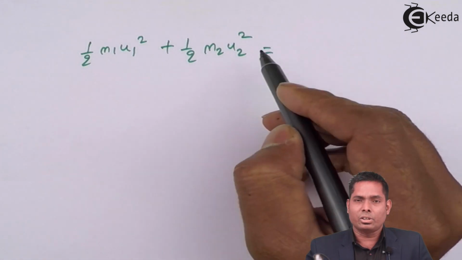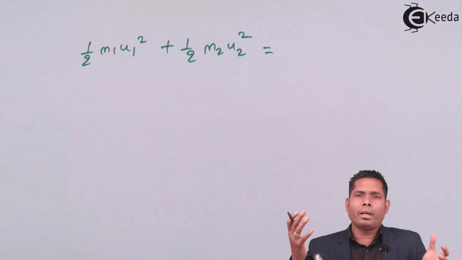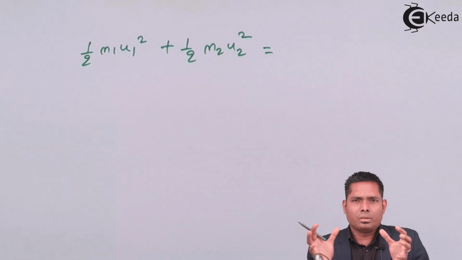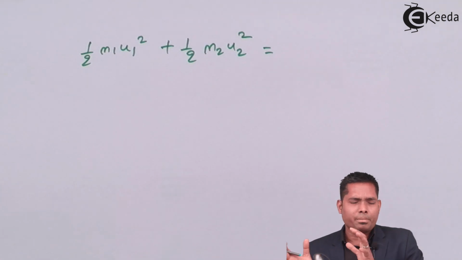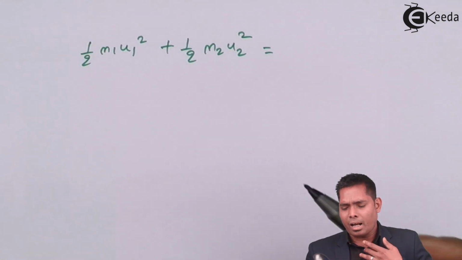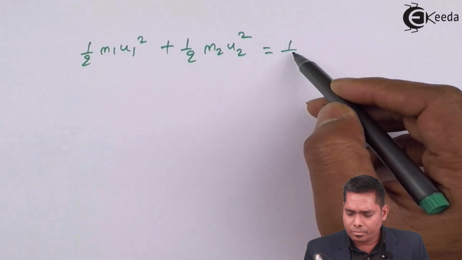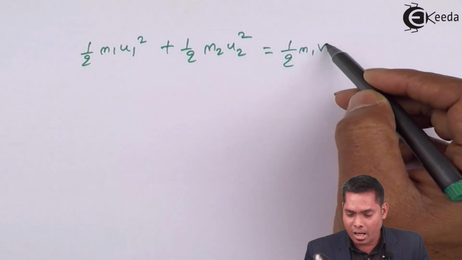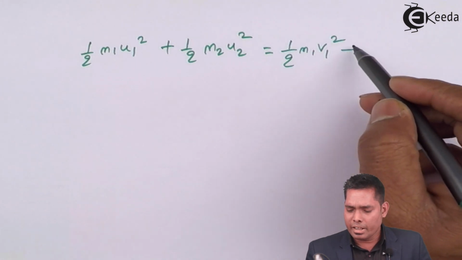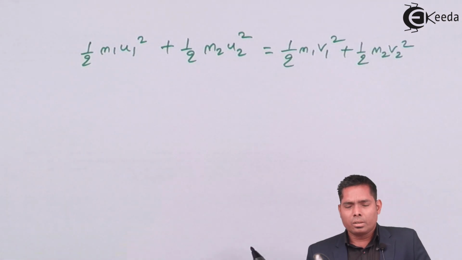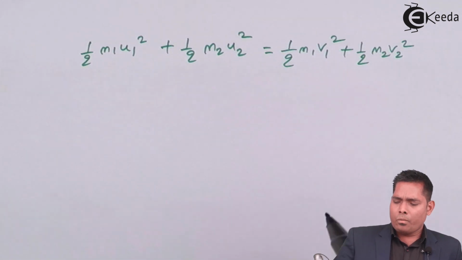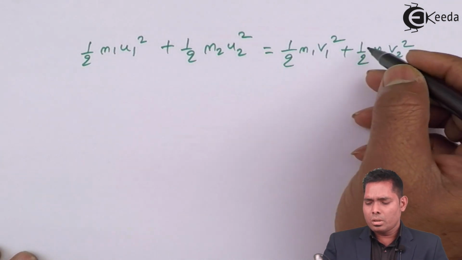And that energy is transferred and distributed among these two particles, and that must match. So finally after collision, the kinetic energy of the first particle is half m1 v1 square, and of the second particle half m2 v2 square.